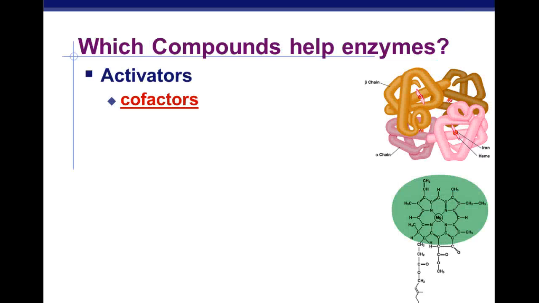Okay, now on to a class of compounds which actually help enzymes do their job. Write in your notes that compounds that help enzymes do their job are called activators. First we're going to talk about an activator called a cofactor that you see here.